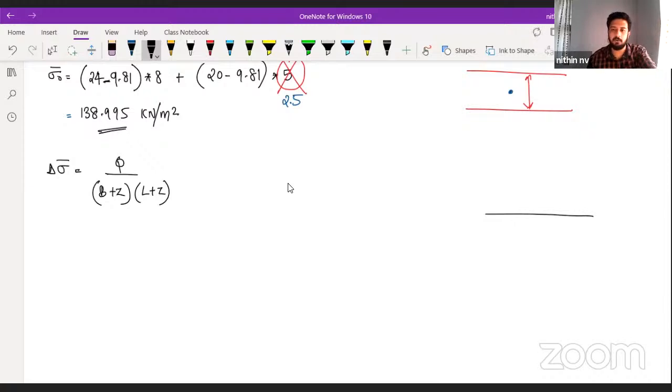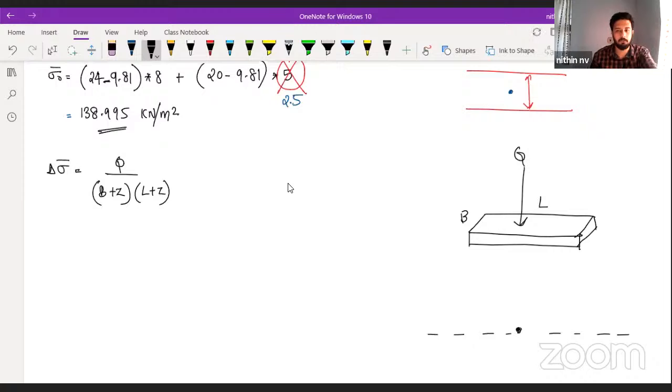If you have a square footing of length L and width B, so this is B, this is L. If you want to calculate the effective stress, means the increased effective stress due to a particular load Q at a depth Z, and they are giving some load distribution, what we can do?